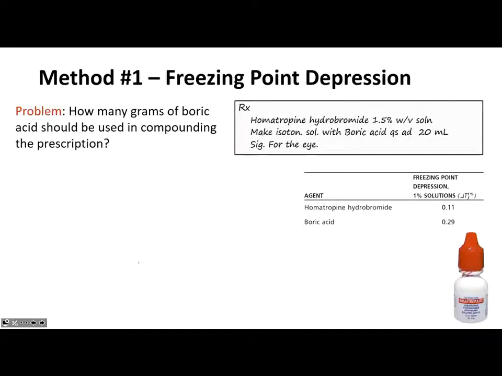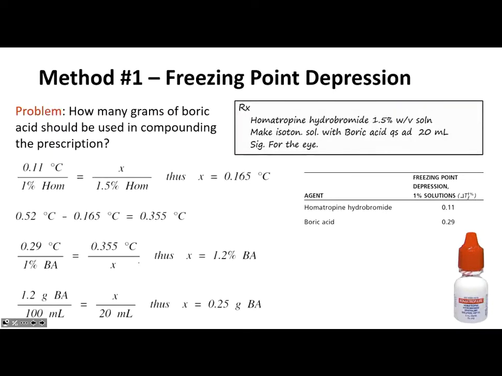To figure out the freezing point depression caused by my therapeutic agent. Which of those two is my therapeutic agent? The homatropine, right? So let's take this value from the table and re-express it. 0.11 means 0.11 degrees Celsius for every 1% concentration of my homatropine.